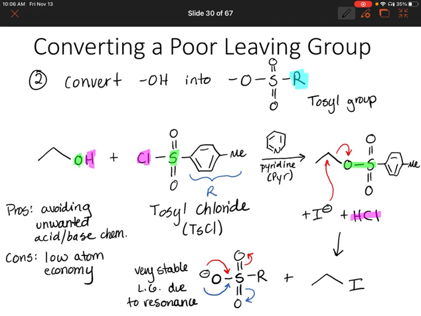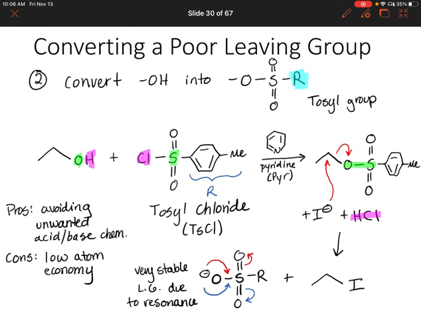So that tosyl group is quite large, and it doesn't end up in the product that we want. So we have all these atoms that are kind of useless in a way. So the atom economy is really low. But this is a good alternative to the first method if you are experiencing some weird acid-base chemistry.